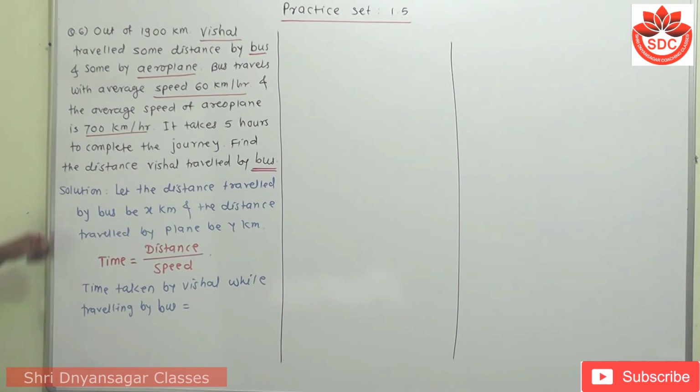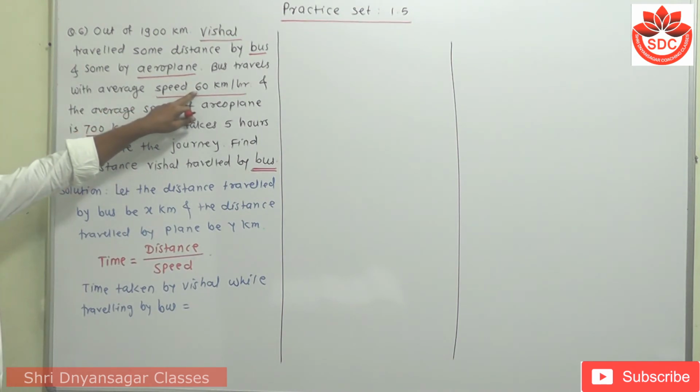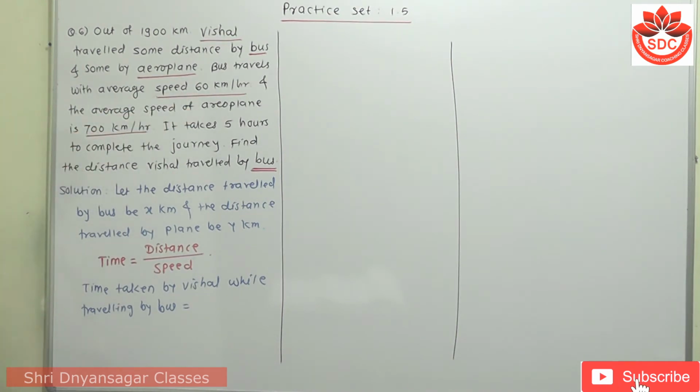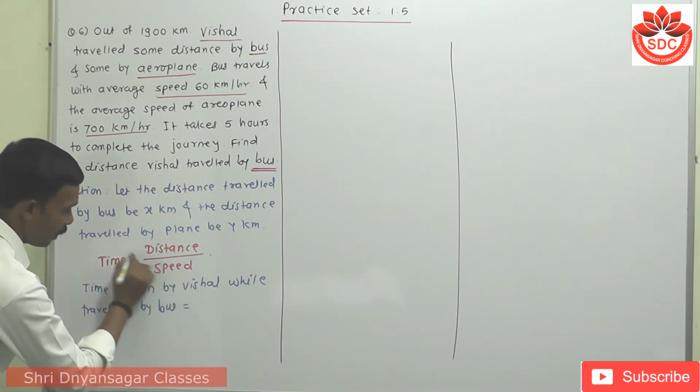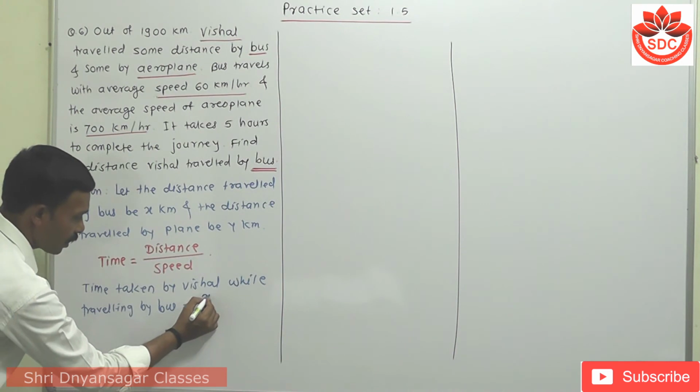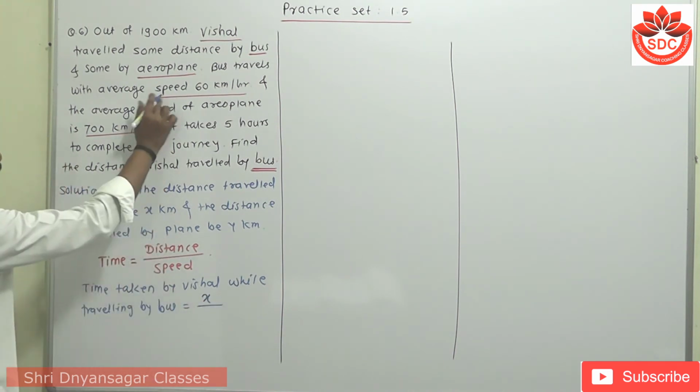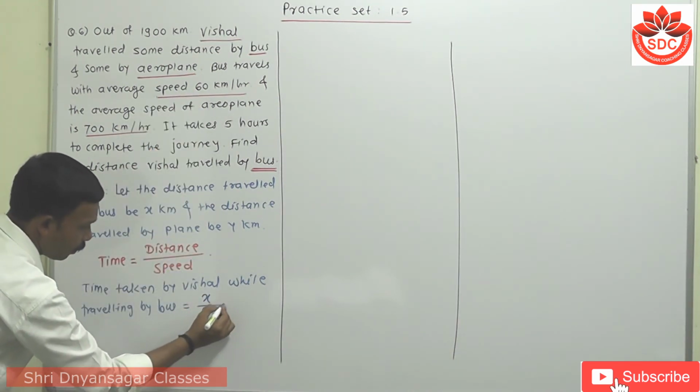Now students, here the speed of the bus is 60 km. So the distance of the bus is x, so this time is equals to, distance is x kilometer and the speed is 60 km per hour.